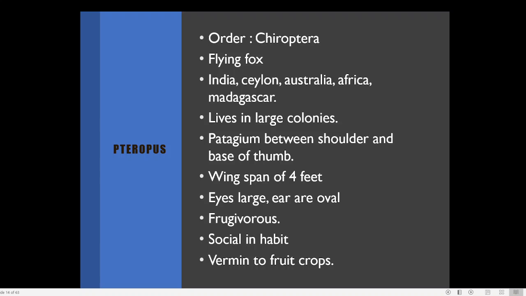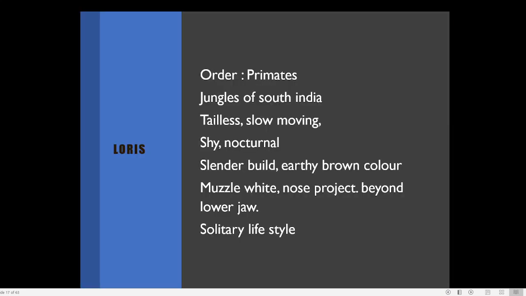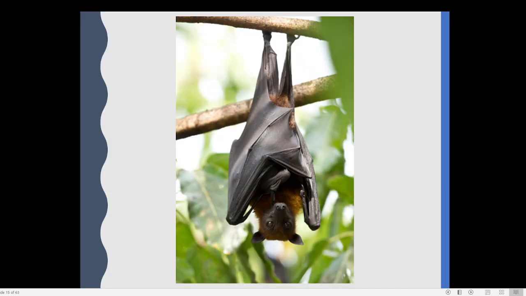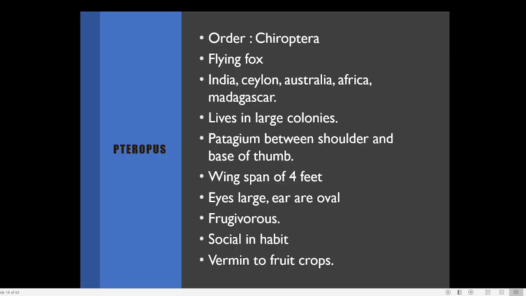And because of that, they will be having their own social levels also. So they have a social habit, meaning living in large groups. Not all animals are capable of social life, only a few animals exhibit this large social life. So these are some of the features of this group known by the name Pteropus.